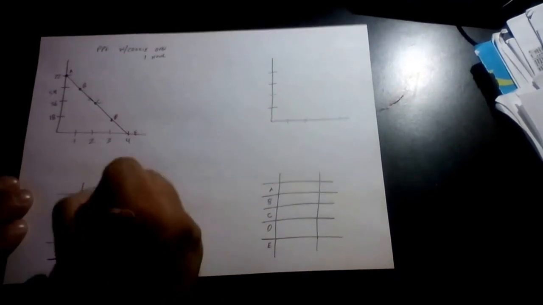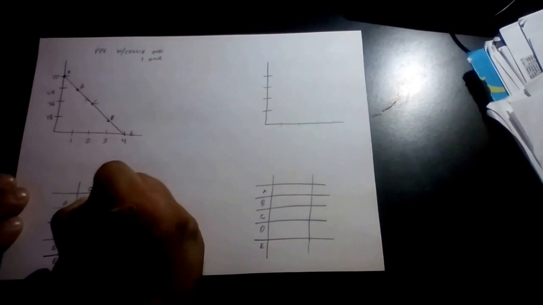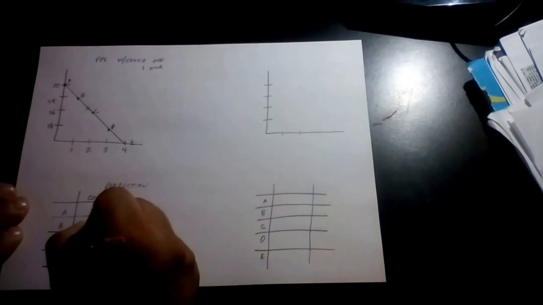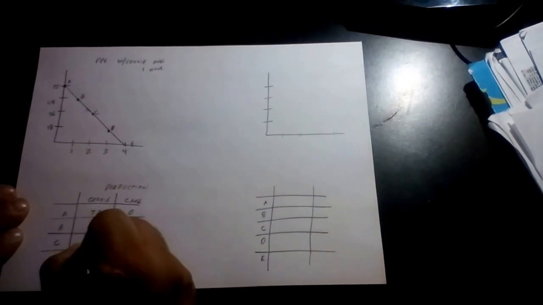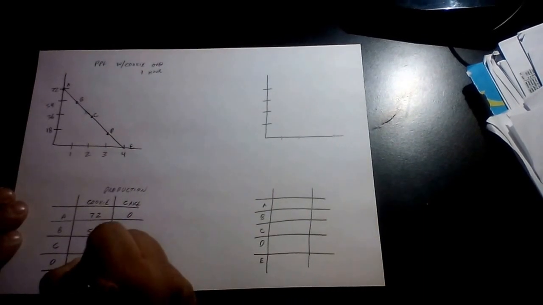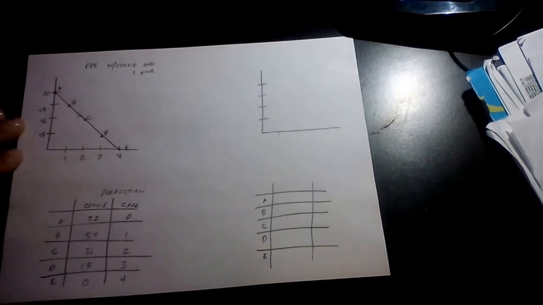So the values have changed. Now I can make 72 cookies to 0 cakes. I can make 54 cookies to 1 cake. 36 to 2. 18 to 3 cakes, and 0 cookies if I want to make 4 cakes.